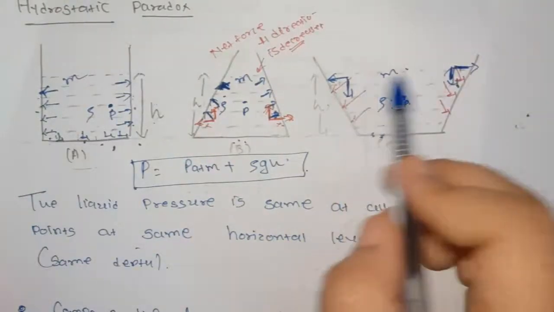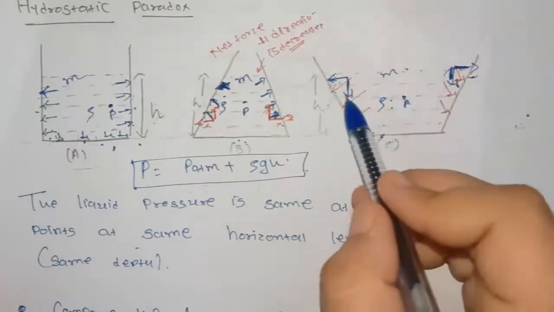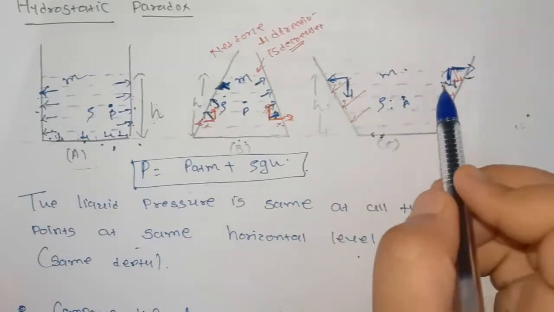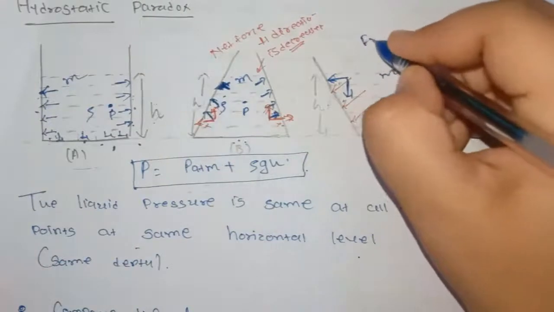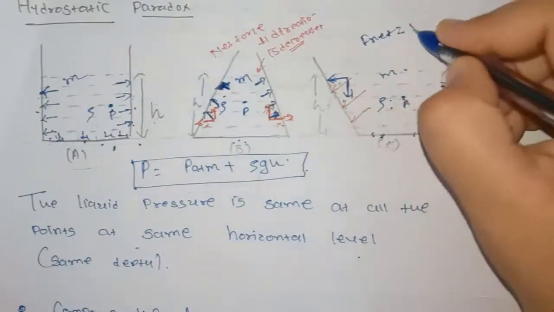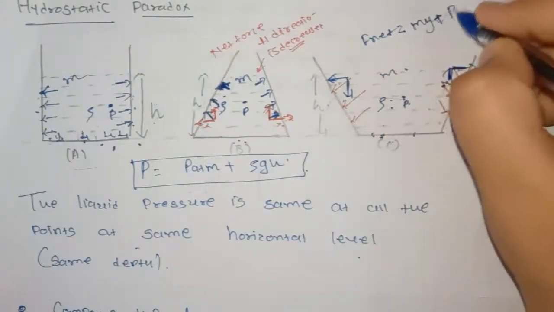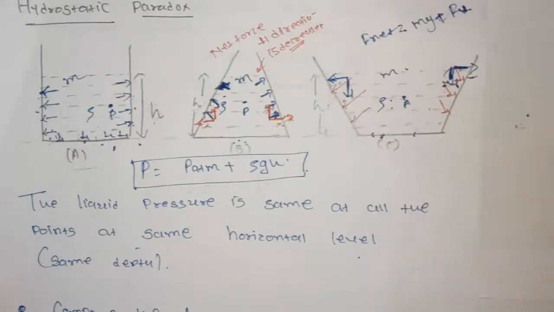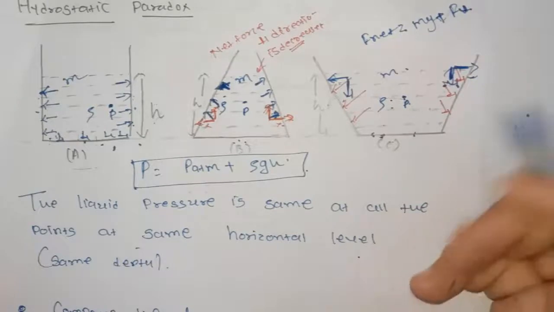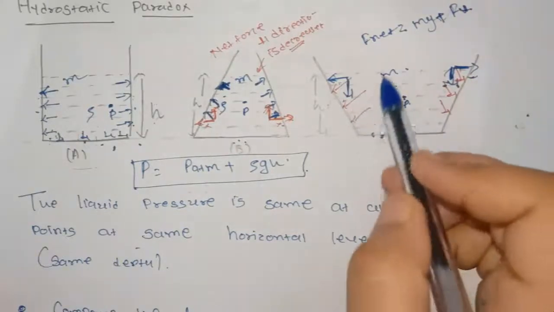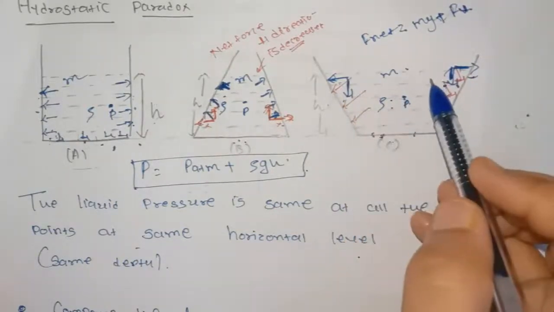These two horizontal forces will cancel out each other, but these two downward forces will add up with the gravitational force. So F net will be equal to mg plus F vertical. So here the net force in the downward direction is more than mg. That means here the mass is more.